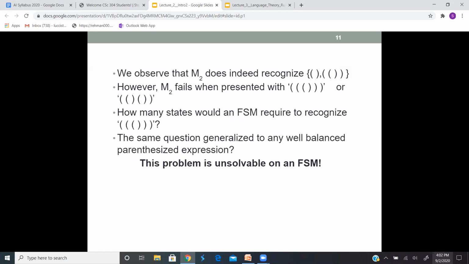I've got Malik, I've got Anvin, I've got Victoria. Who else is here? I think I know some of you, but you're hiding from me. Once I know your name, there's nowhere for you to hide. All right, so left, right would be accepted. Left, left would be tentative. You wouldn't reject it because maybe what's coming up is two right parentheses. But left, left, left is going to go to a reject state.